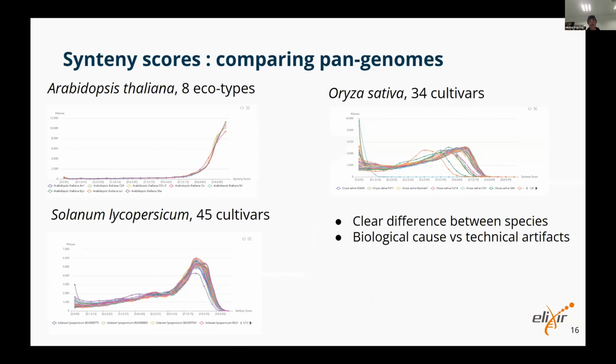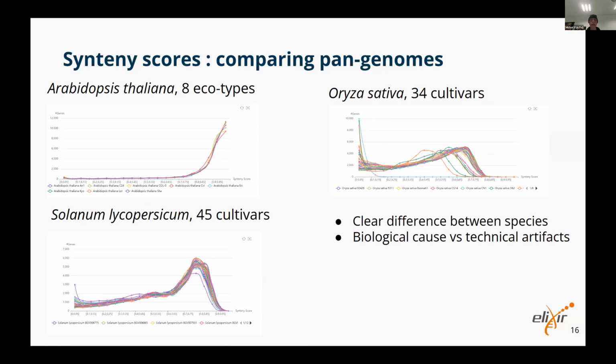This is especially true once you look again at the histograms. For Arabidopsis thaliana, there's a very significant fraction that shows very, very high syntenic conservation. For Solanum lycopersicum, this is still pretty high, while for Oryza sativa, you see quite a lot more variation as well.